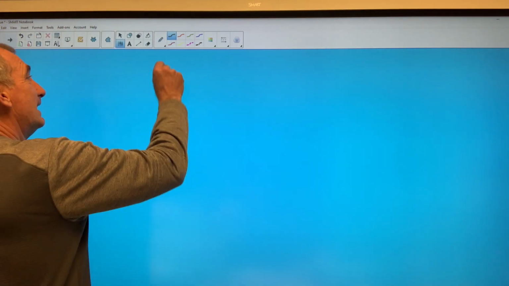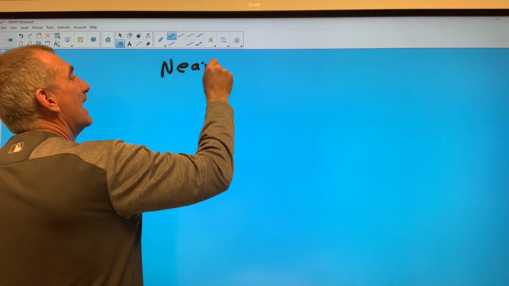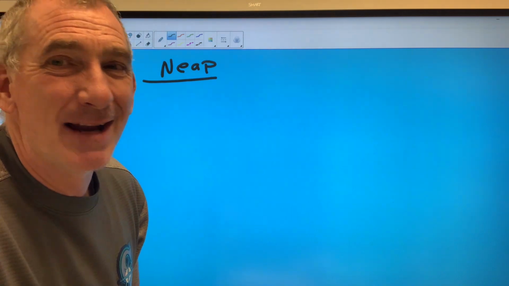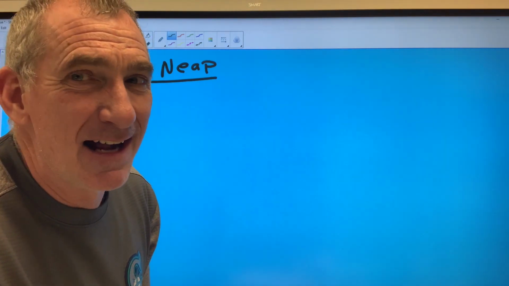The next type of tide is a neap tide. Neap tides are not so high and not so low.